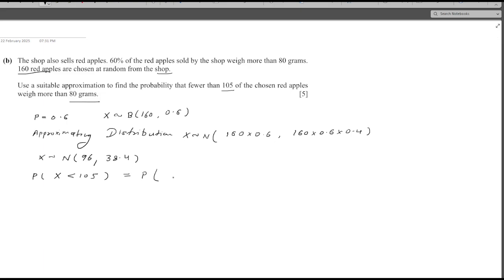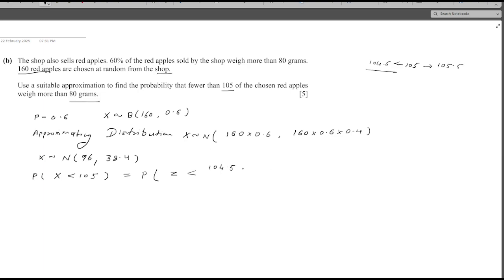So when I convert my x to z, I will use the continuity correction. For this 105, its upper limit is 105.5, its lower limit is 104.5. Now as you can see, 105 should not be included. That means I should consider 104.5 instead of 105.